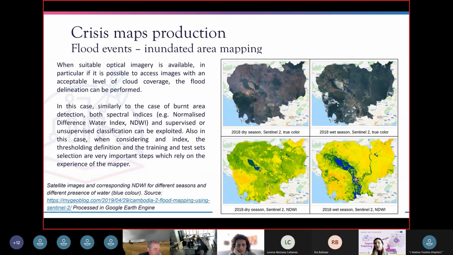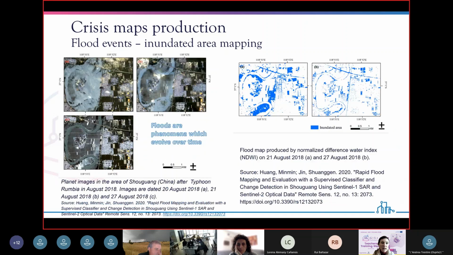The values of the NDWI which highlight the presence of water are indicated in bluish colors, so that you can better interpret the presence of water. So thanks to the color representation of this index, the operator is helped in his interpretation.